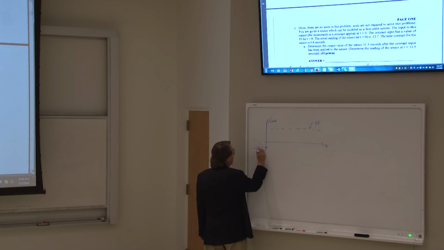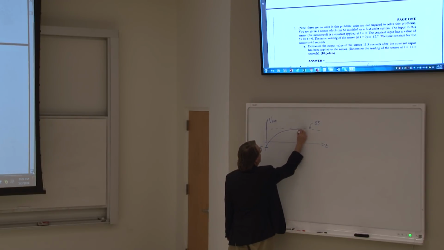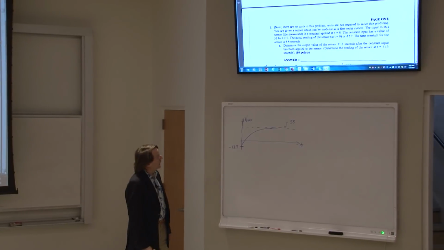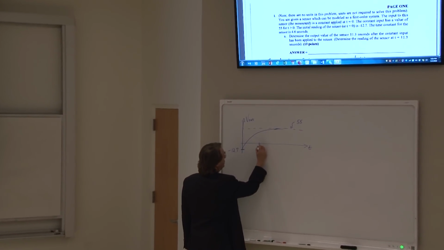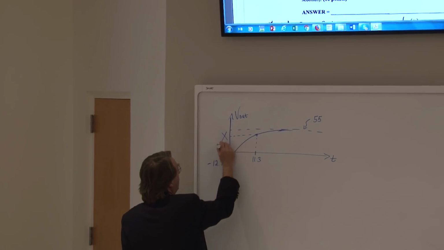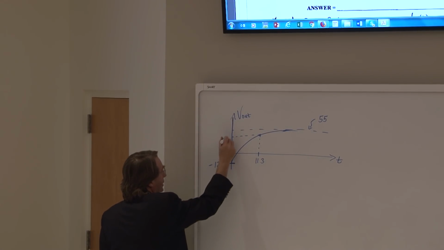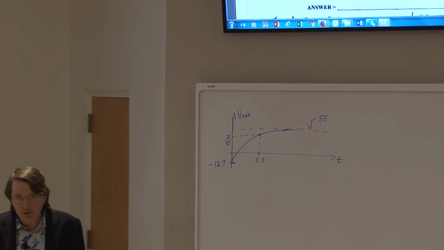It rises asymptotically and approaches 55. Now, what do I want? 11.3 seconds into its journey, I want to know this value. I'll put an X. You might think I want a big X. I just want the value of the unknown. What is the value of the output?